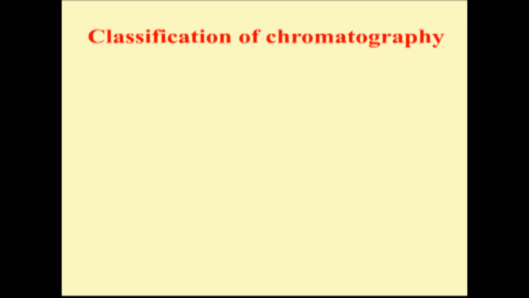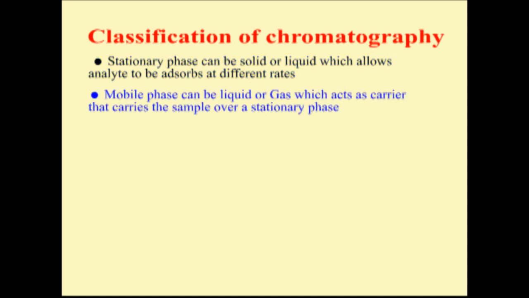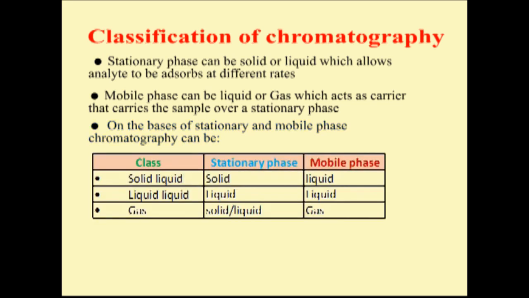Classification of chromatography is mainly based on stationary and mobile phase. As we have seen, stationary phase can be solid or liquid, which allows analyte to be adsorbed at different rates. Mobile phase can be liquid or gas that acts as carrier that carries the sample over a stationary phase. On the basis of stationary and mobile phase, chromatography can be classified as solid liquid, liquid liquid and gas chromatography.